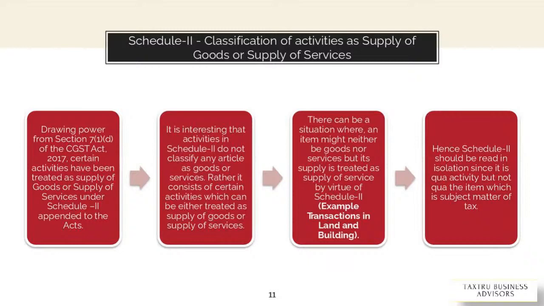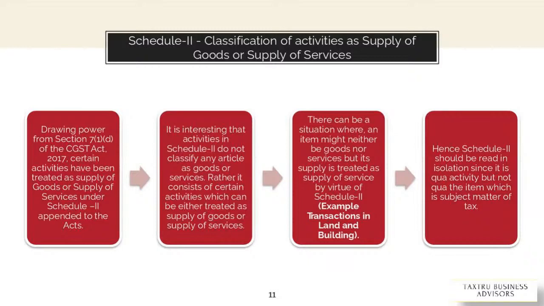It's not about a particular item, it's about the supply of that item. Whether the supply of that item is a good or not, or service or not. So that segregation is not identifying the characteristic of the particular item, but rather defining the characteristic of that particular activity.